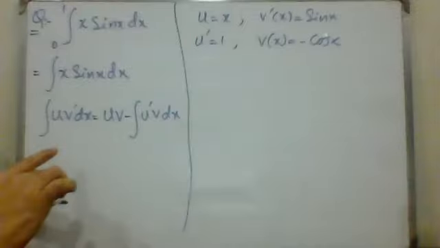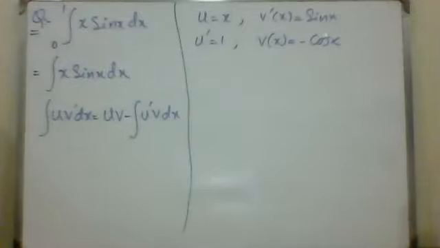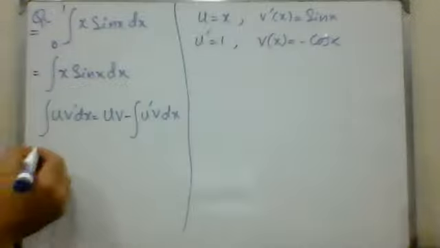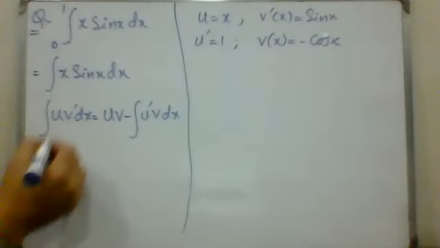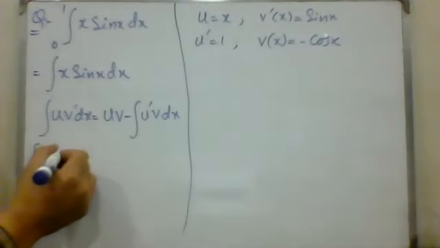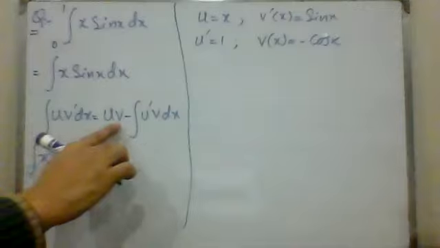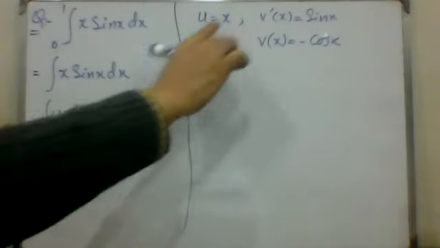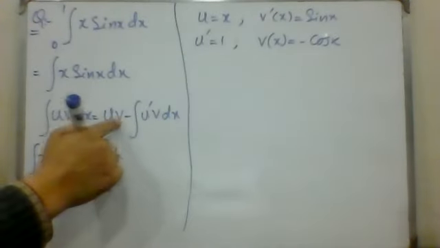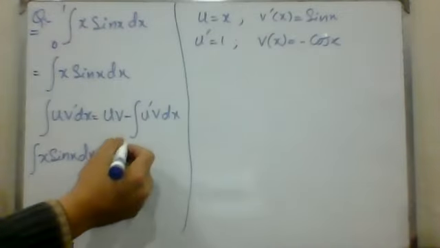Now representing the values, what is what in that formula: u is x, so we can write x, and v prime is sine of x dx, is equal to u and v multiplied with each other. u is x, which is multiplied with v, and v is minus cos of x.